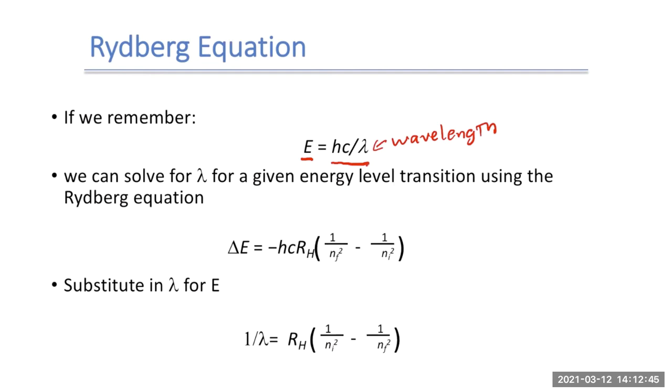If I take my first equation and my second equation and combine them together, I can figure out 1 over lambda equals the Rydberg constant times the transition from n initial minus n final. So now I can figure out the exact wavelength for each transition of that electron in the hydrogen atom.